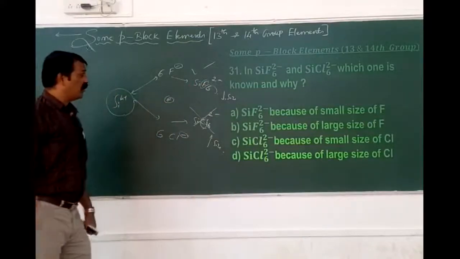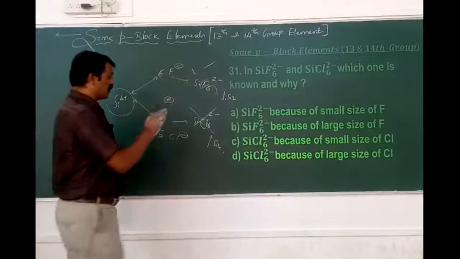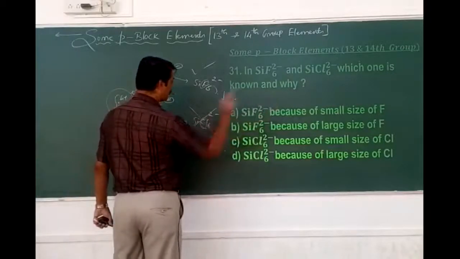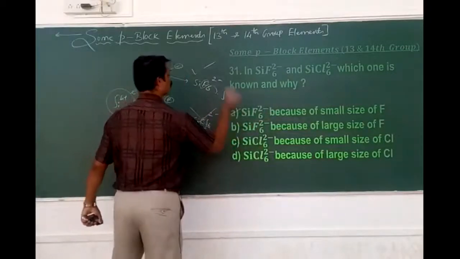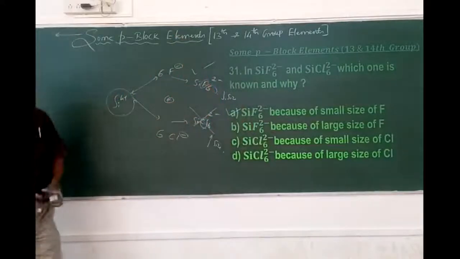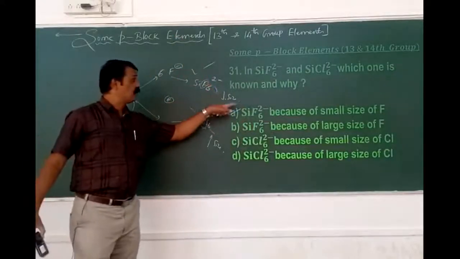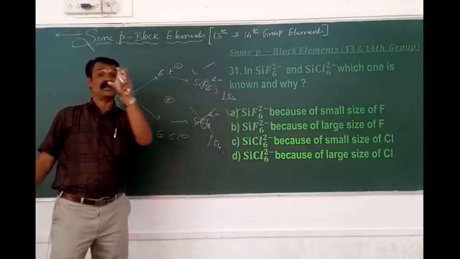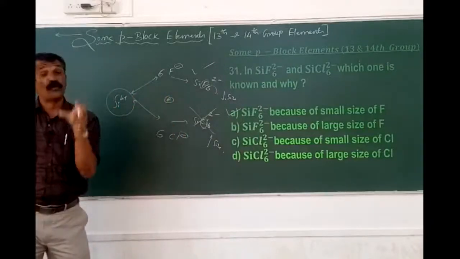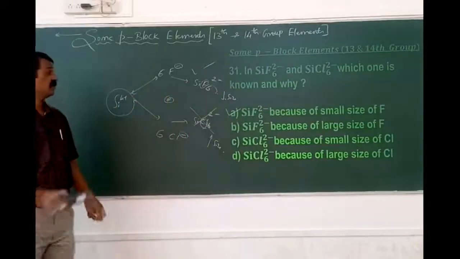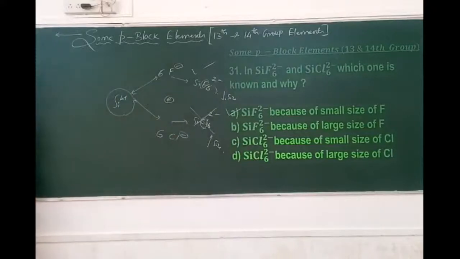Therefore, these two statements are correct, and the reason is smaller size. Which is known? SiF6 2 minus is known. Why is it known? Because fluoride has a smaller size. Therefore, it is 31A.